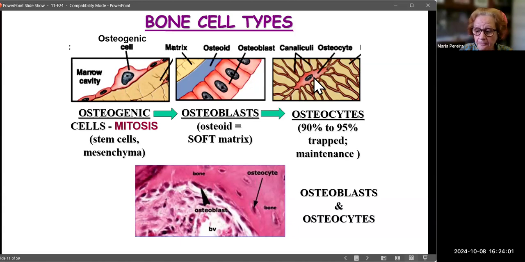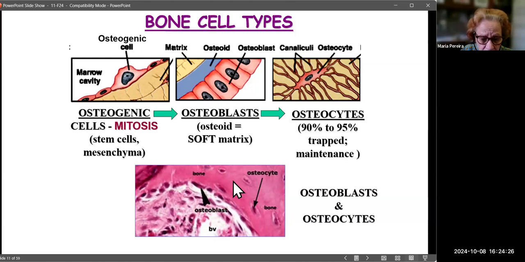And the matrix is derived from the osteoid. So the osteoid is still not calcified, it's not hard yet, and it's produced by the osteoblasts. So once this osteoid becomes calcified, then the osteoblasts transition to the last step, which is the osteocytes.